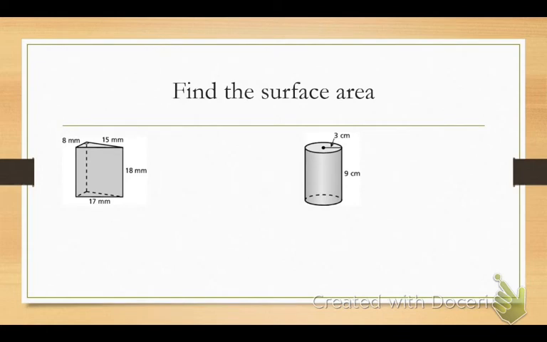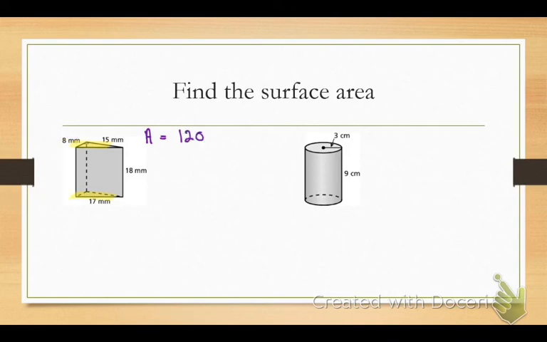Okay, so I have to find the area of each face. I know that my bases are triangles because a prism must have 2 identical bases, which means area equals 1/2 base times height. What's half of 8? 4. 4 times 15 is 60. And because there's 2 bases, 60 times 2 is 120.